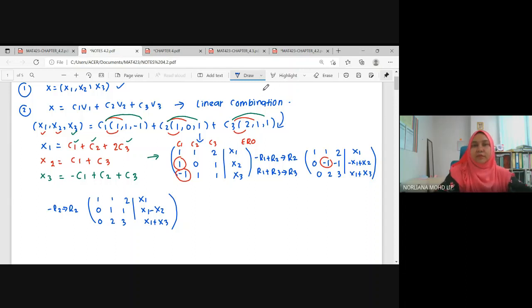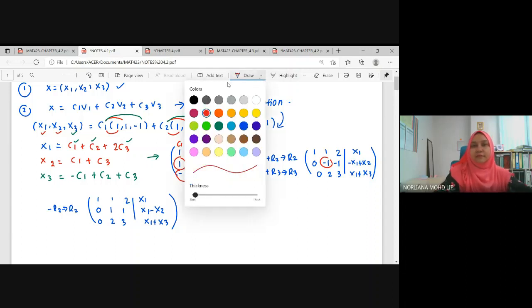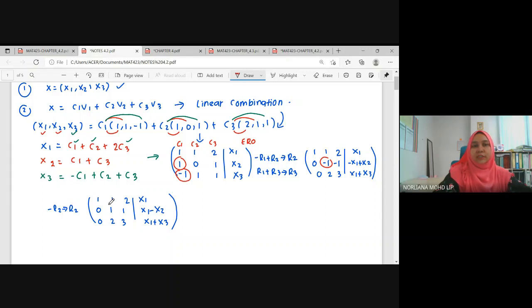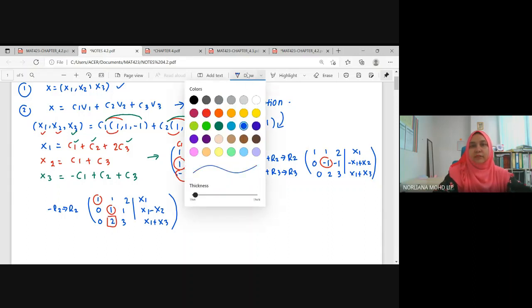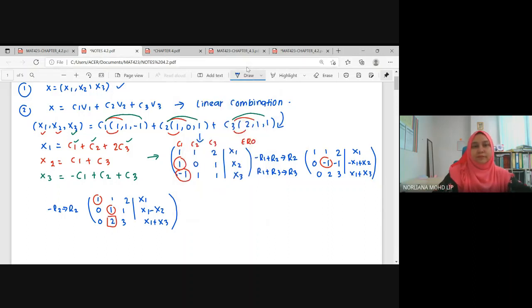Okay, next. Perlu jadikan below leading one. Okay, ni dah leading one. Okay, below leading one, 0. Tu ni perlu jadikan 0. Okay, so operation. Negative 2R2 plus R3. Macam tu R3. Yang ni you perlu mahir untuk ni semua.